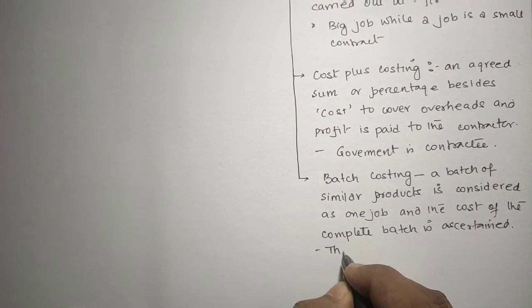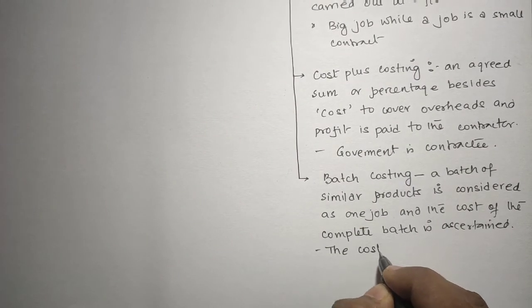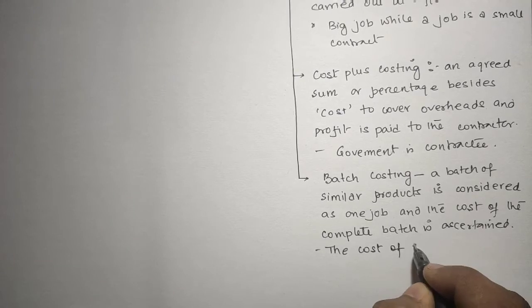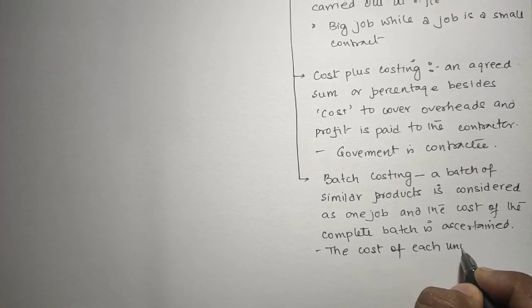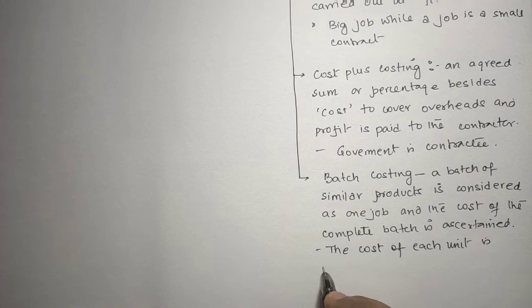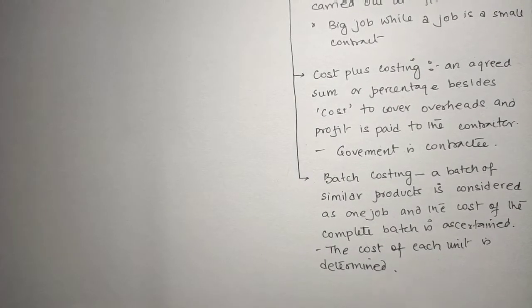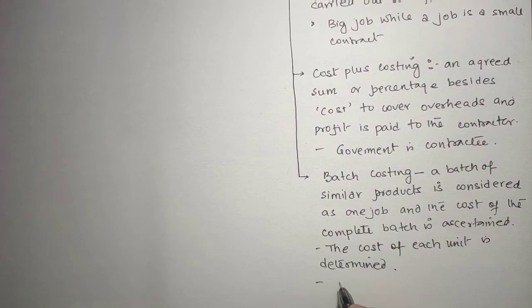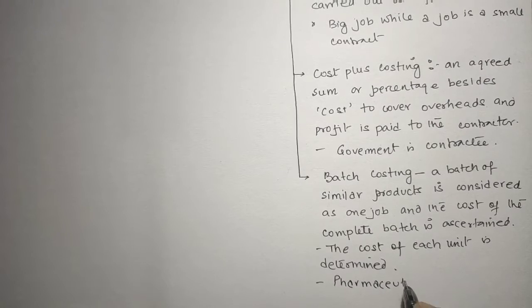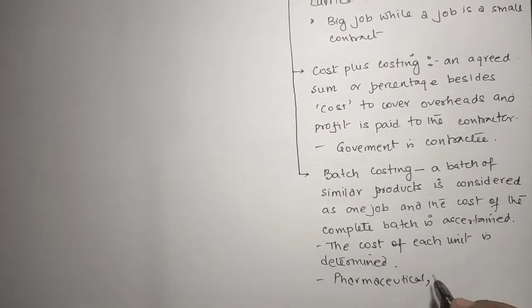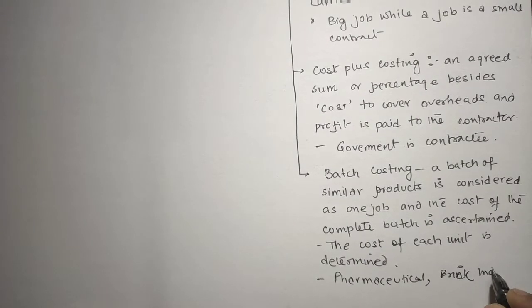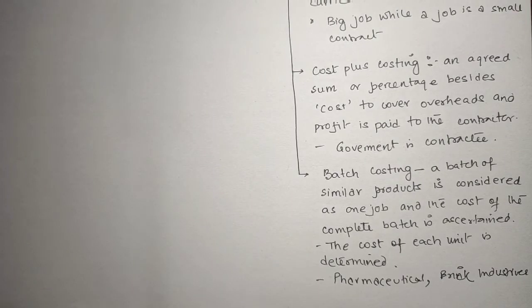The cost of each unit is determined. Examples are pharmaceutical companies, then brick industries. These are the examples of batch costing.